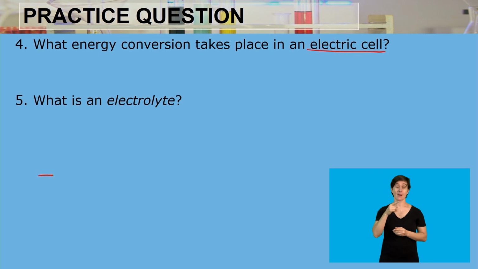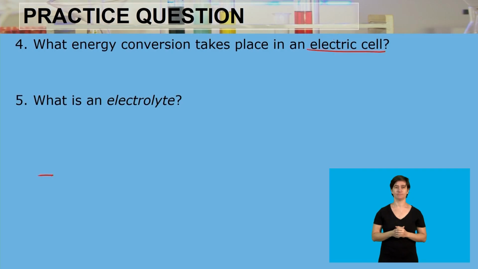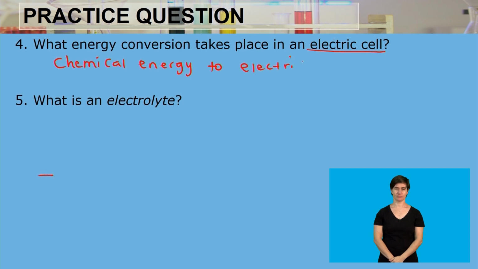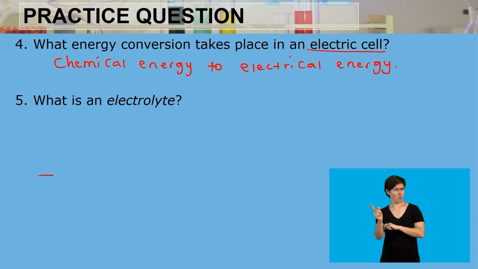So that means we are taking the chemical inside the cell and converting it into electricity. So our answer to this question is chemical energy to electrical energy. The energy conversion that takes place in an electric cell is chemical energy being converted into electrical energy.